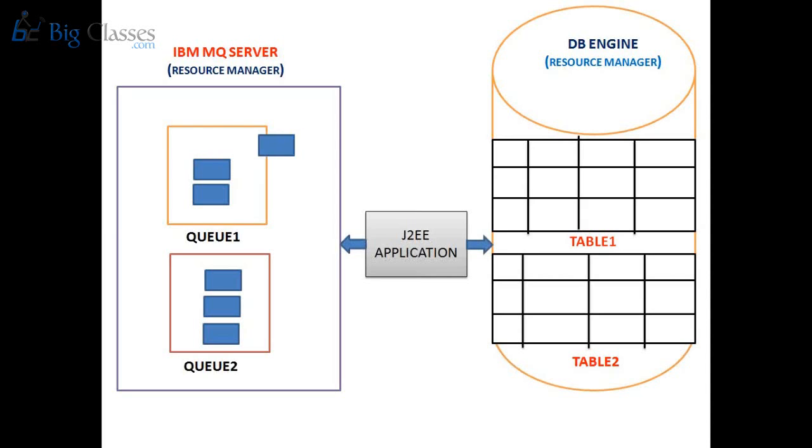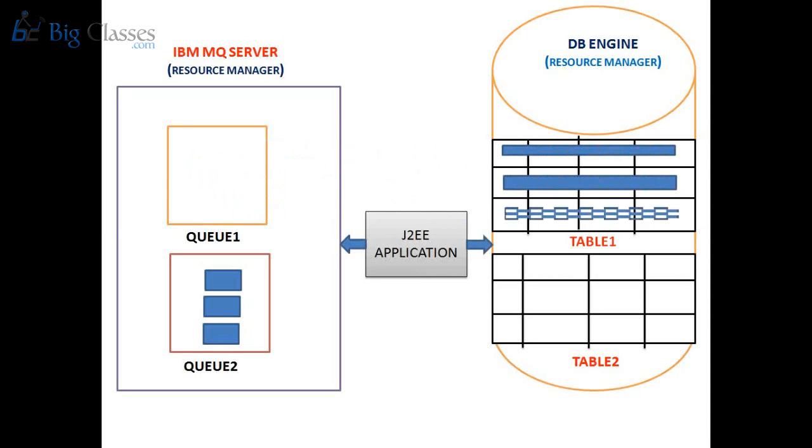Then it gets data from MQ server and inserts the data into the database. See here, data is available as messages, here data is available as records. Here queues hold messages. In DB engine, tables hold data, right?